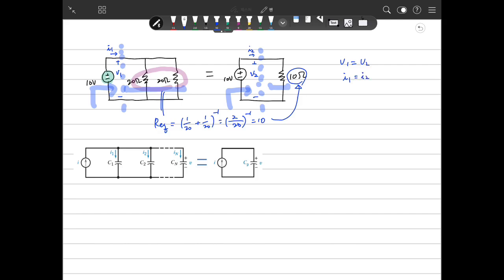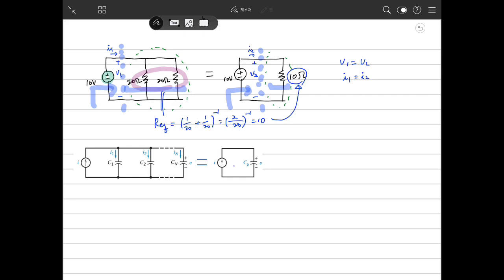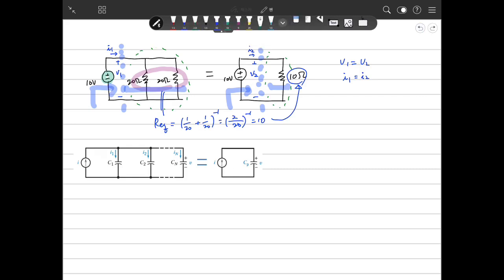Then you can say this circuit and this circuit can be equivalent.